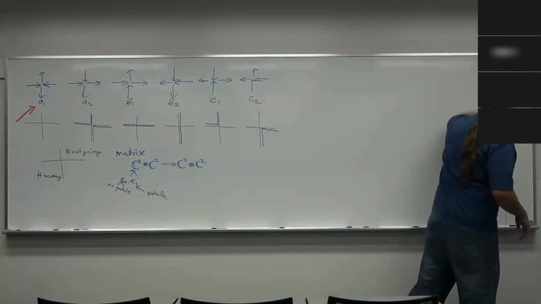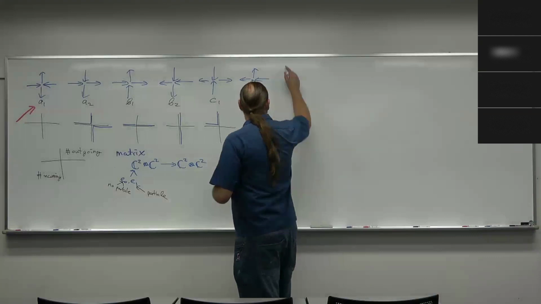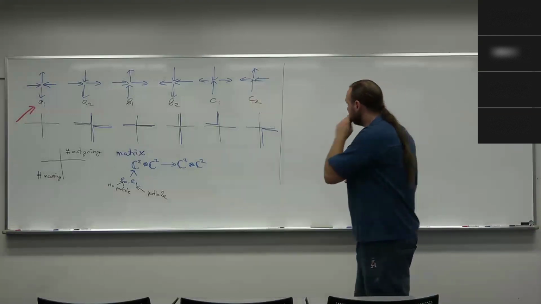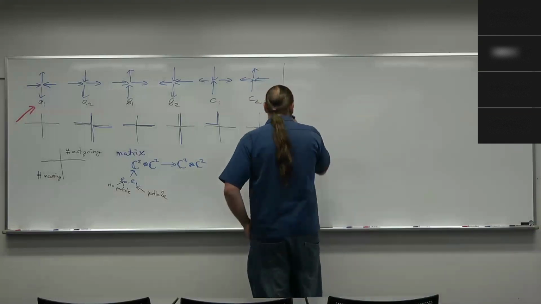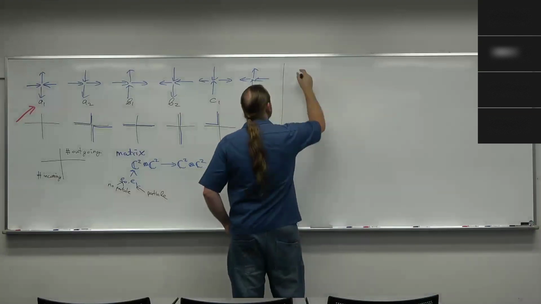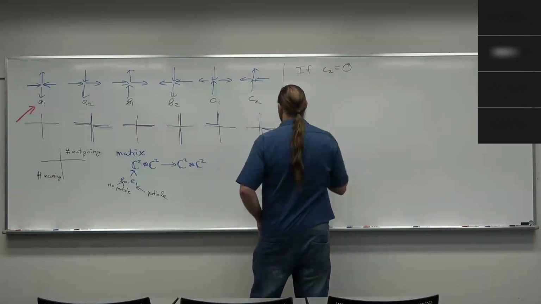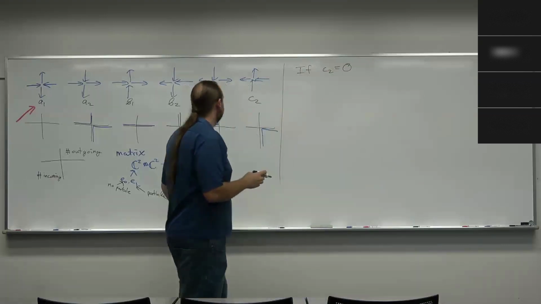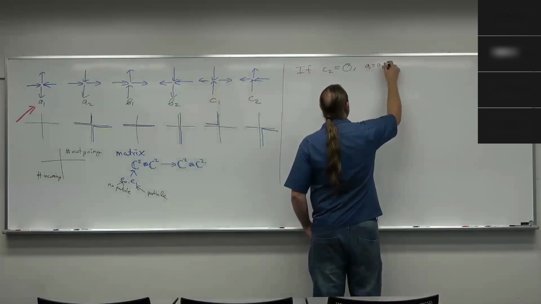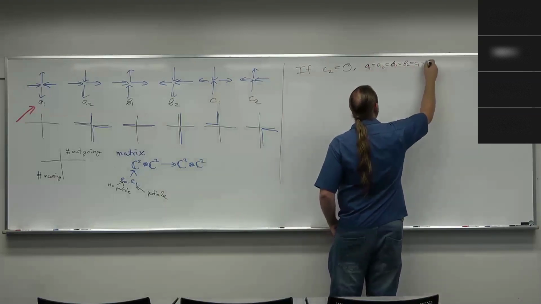We're going to count stuff. The first thing that we're going to look at is the following: let's take C2 to be 0, and we'll take A1 equals A2 equals B1 equals B2 equals C1 equals 1.